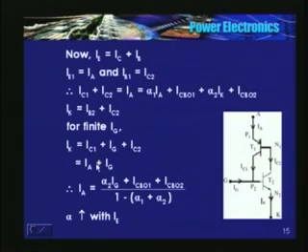Now you substitute this value in this equation. IA is equal to alpha 1 into IA plus ICBO1 plus the other equation. And what do I get? I get this equation: IA is equal to alpha 2 into IG plus ICBO1 plus ICBO2, divided by 1 minus alpha 1 plus alpha 2.